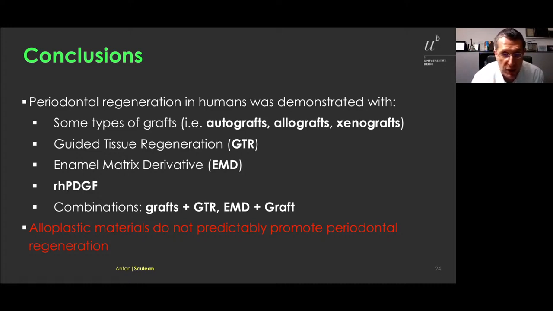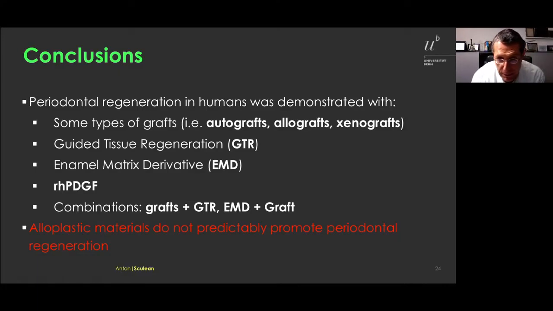Either intraoral or extraoral, usually intraoral bone. Human material, that means allograft, this is a material that originates from the same species, and certain types of xenogenic materials. That means materials that are originating from other species, okay?